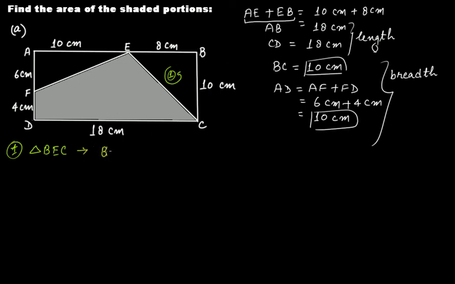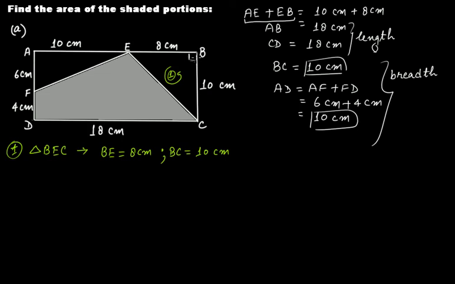BE is 8 centimeter, and BC is 10 centimeter. Now if you look at this figure, since this is a right angle triangle, clearly it's right angled here, right? At vertex B it is right angle.